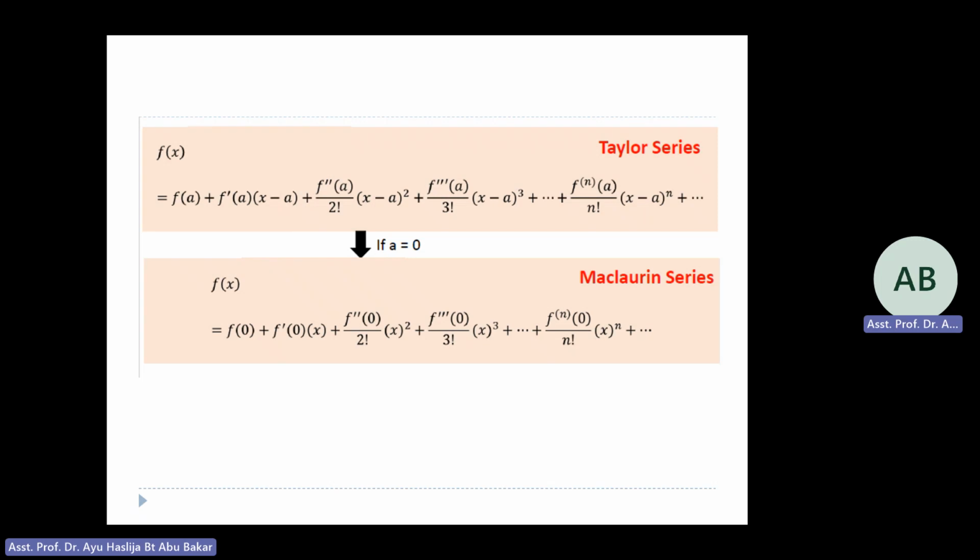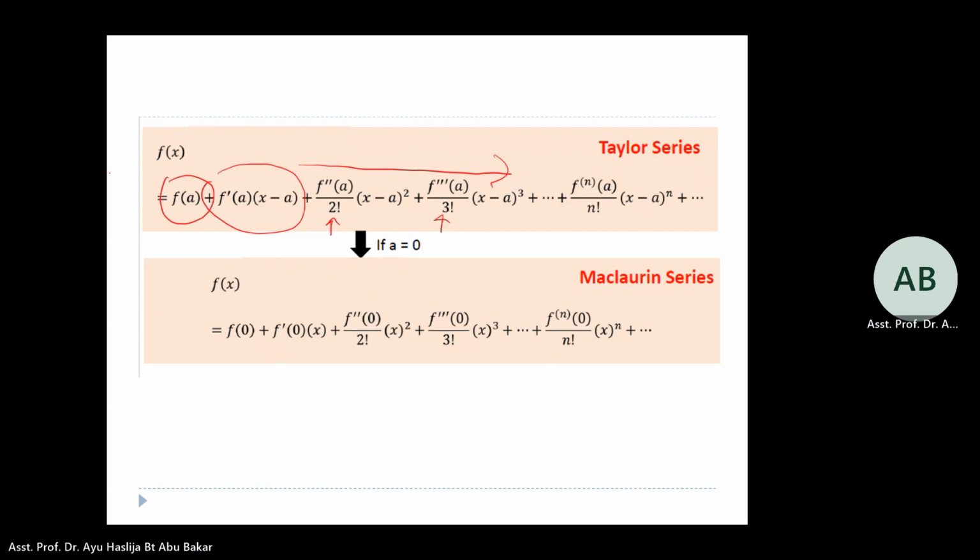This Taylor series has terms that keep expanding as it goes to the right: 2 factorial, 3 factorial, which makes the answer more precise.